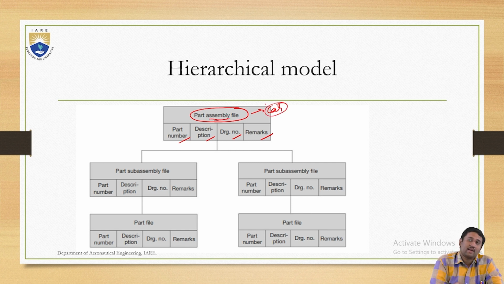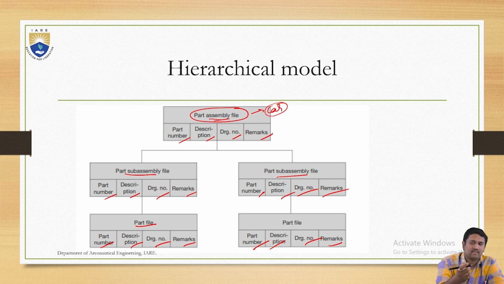Now this final product can be further divided into a number of sub-assemblies, which each have their individual part numbers, description, drawing numbers as well as remarks. Each sub-assembly, similar to the previous assembly file, will have individual components. The data shows dependency values.